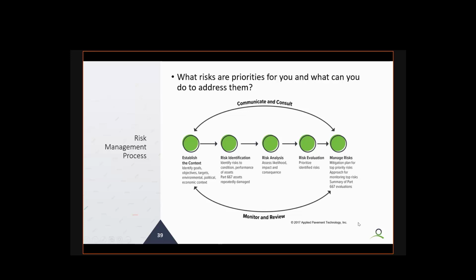All right, so that's life cycle planning, and that's by far the topic I'm going to get into the deepest. You spent a lot of time talking about risk. This is just another representation of the risk management process from ISO that everybody should be pretty familiar with by now.